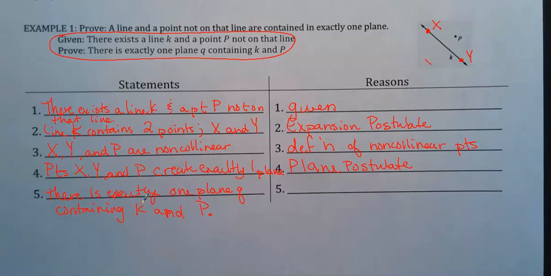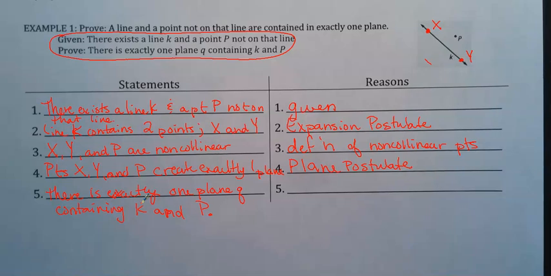So let's look at the flat plane postulate. The flat plane postulate, 1.3.4, says if 2 points lie in a plane, then the line containing those 2 points lies in the same plane.